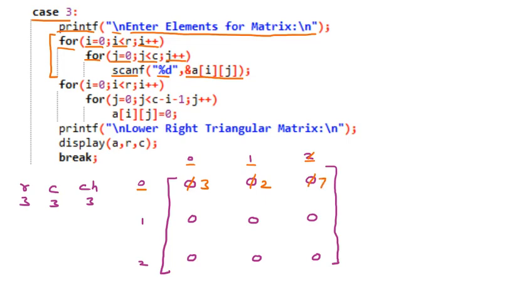Then again 1 0, suppose the user has entered 6, then 1 1, 8, 1 2, 9, then 2 0, let us suppose 11, 2 1, 5, 2 2, 3.